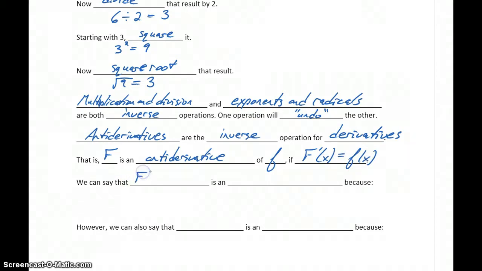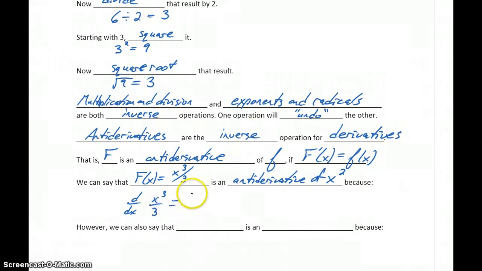So for instance, we could say that capital F of x equals x cubed over 3 is an antiderivative of x squared. Because if we take the derivative of x cubed over 3, we get 3x squared over 3. 3 over 3 cancels, leaving us with just x squared.